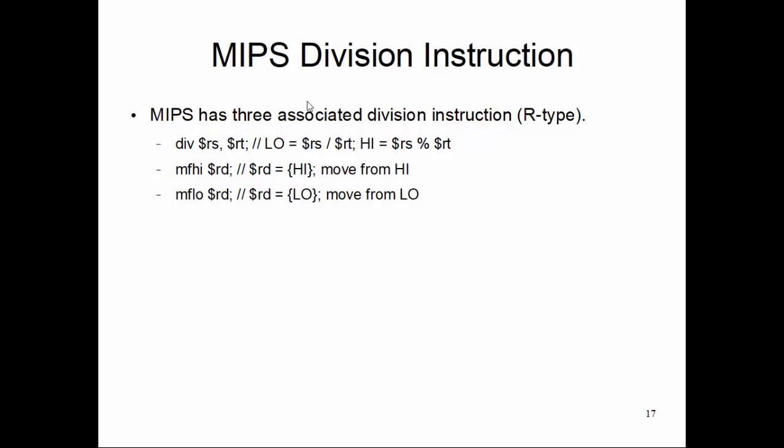Just to give you the MIPS division instruction: the MIPS processor has a div, and LO is basically the remainder and HI is basically the quotient. It might be the other way around, not important at this phase, but if you're interested, please look at the MIPS instruction set architecture and what it says about the div operation. And we have move from HI and move from LO to access the data from those registers, right?